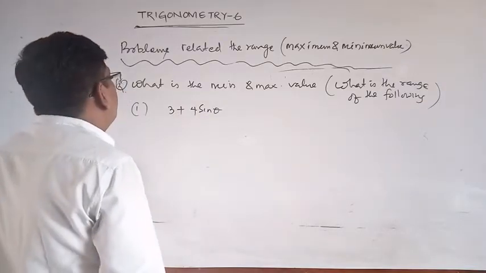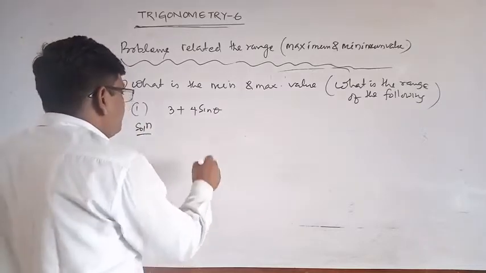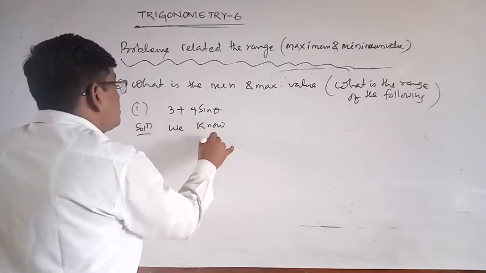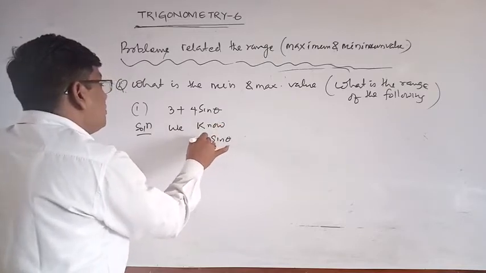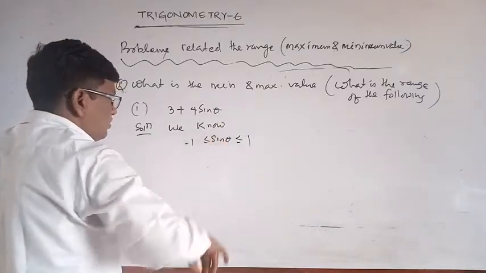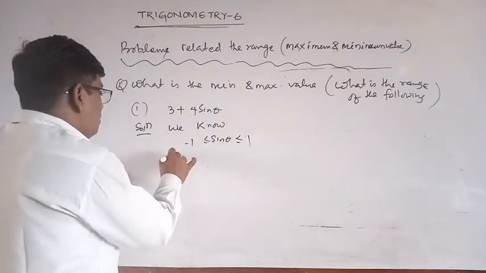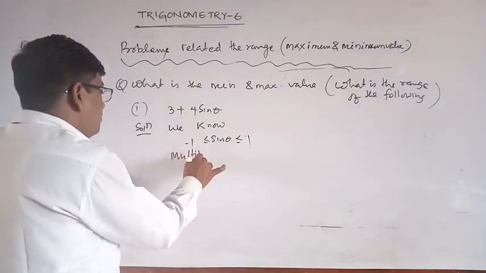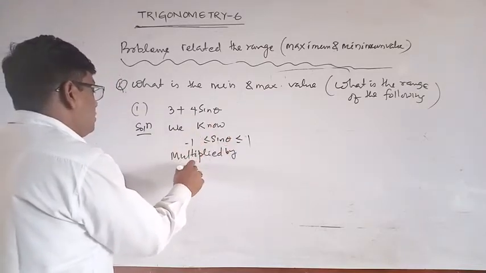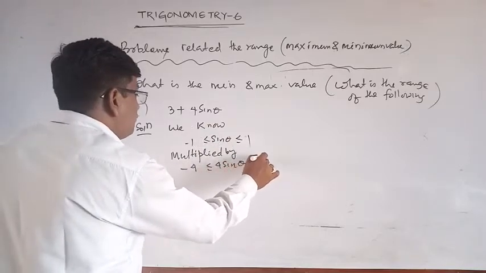So we know the solution is: sin theta lies between -1 to +1. Multiply by 4: -4 less than or equal to 4 sin theta less than or equal to 4.